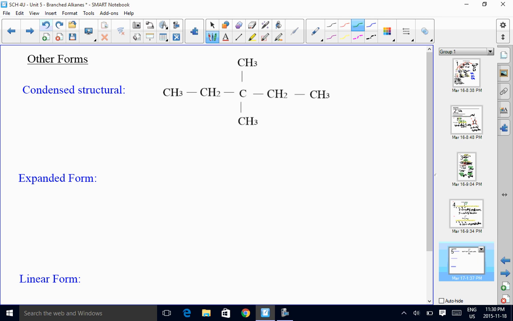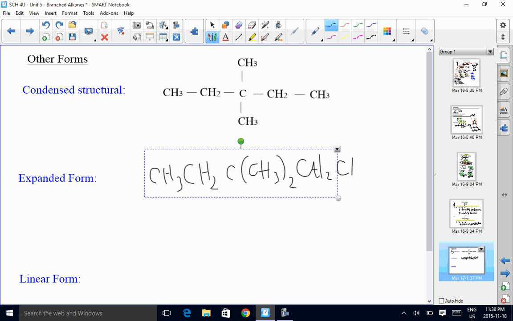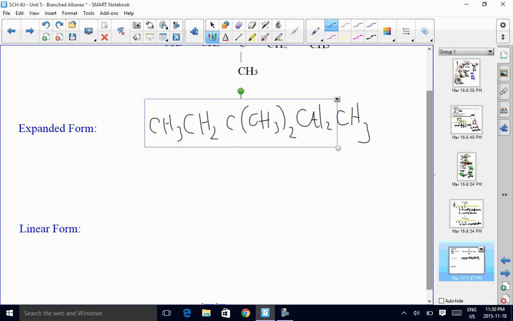So let's write the expanded form. Expanded form is just basically, I will condense it even more. No bonds. And I'm going to put brackets for the branches, like that. There you go. Expanded form is just more condensed. Now you have linear form. Linear form is just each point is a carbon.